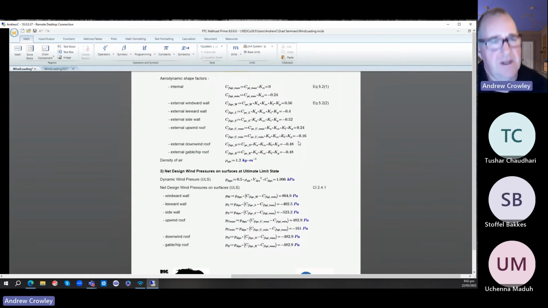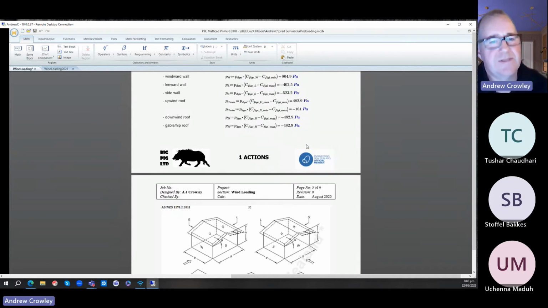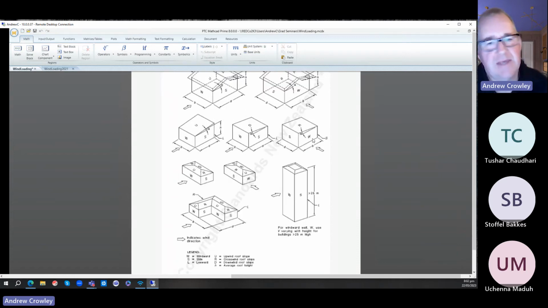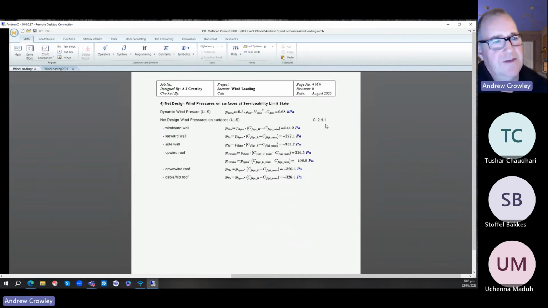And that will allow you to determine the C_fig for each of these surfaces. That will give you your net pressure for each of these surfaces. So your windward, leeward, side, and so on, upwind. And again, to remind you of where all of these things apply, pick out the diagram. And you can eventually derive your serviceability wind pressures, usually by picking out the factors as well.